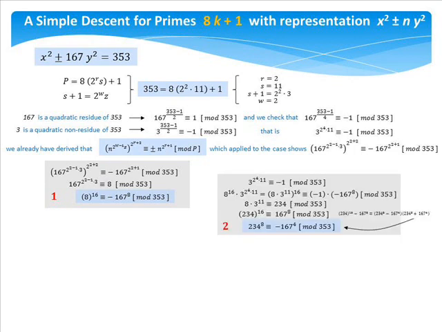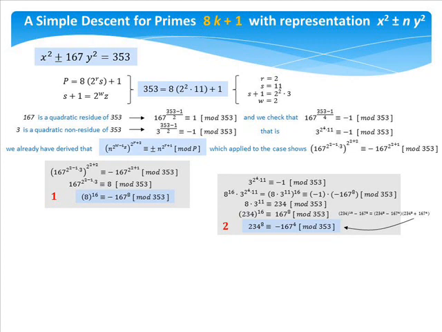In the second step, we combine the result of the first step and the congruence that involved 3 as a quadratic non-residue. And so we find that 353 divides 234 raised to 16 minus 167 raised to 8.